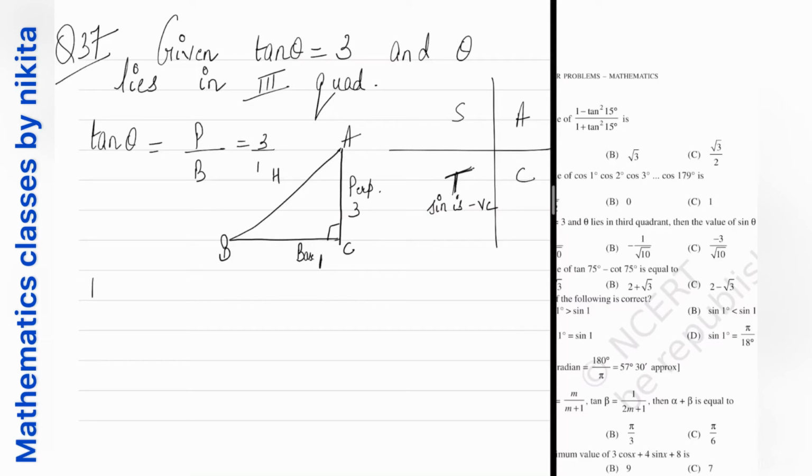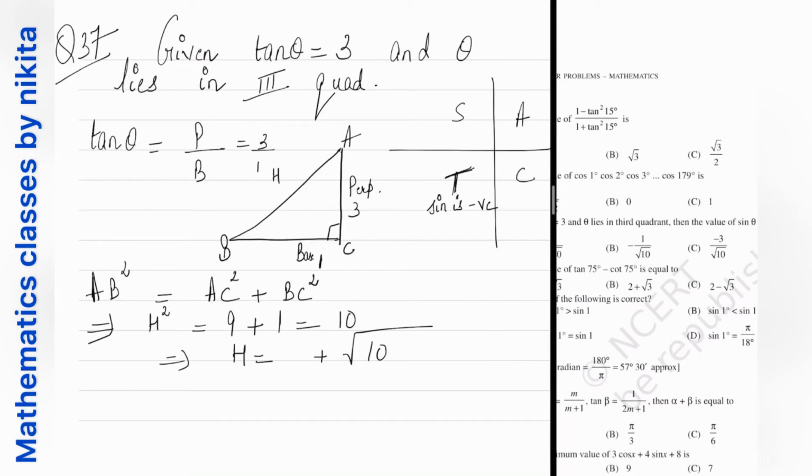So what I have is that AB square is equal to AC square plus BC square, and this implies that H square is equal to 9 plus 1, which is equal to 10. So this implies that H, we will take the positive sign because we are considering the length, is root of 10.